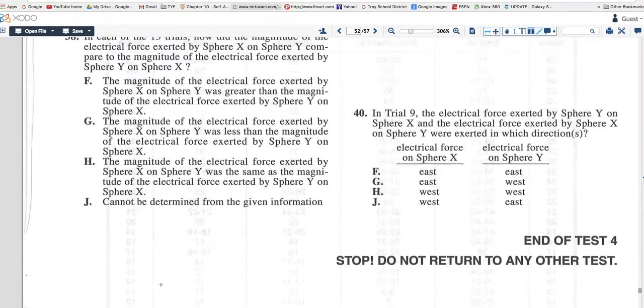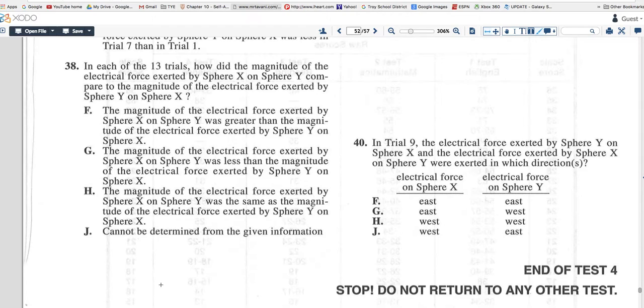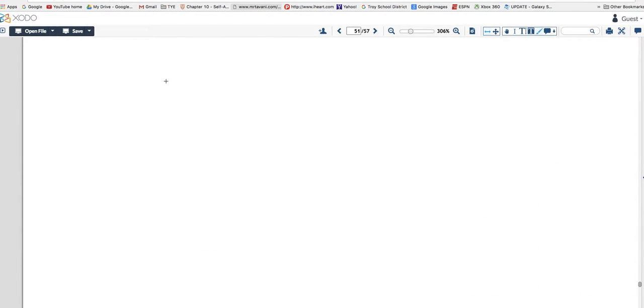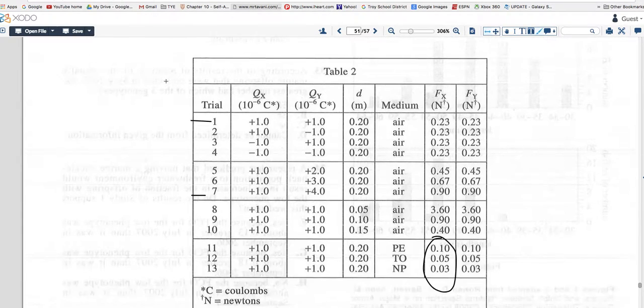All right, 38. Who wants to do it? Yes, Sean. You would underline each, because it's all 13 trials, sphere x on sphere y, and then sphere y on sphere x, and then you just look at the F's on the table, and the answer would be H. Good.